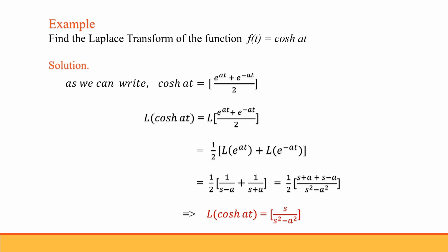Now apply the Laplace transform to e to the power at and e to the power minus at. On solving, we get the Laplace transform of cos hyperbolic at equal to s upon s square minus a square.